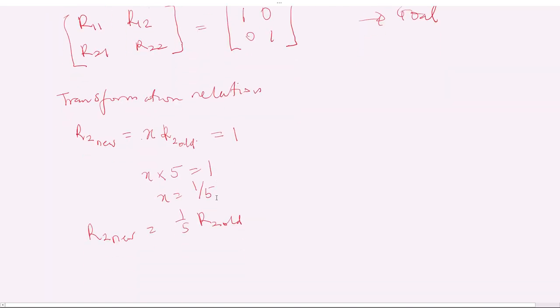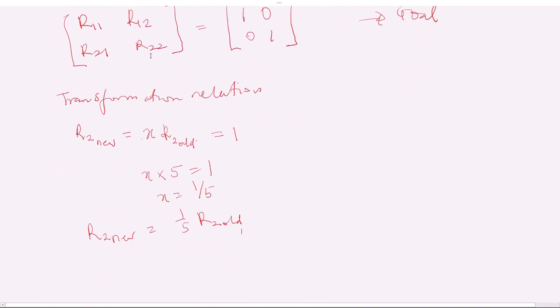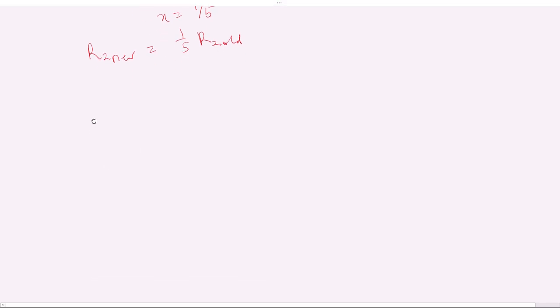If this is the transformation relation that we have, we need to use that transformation on this entire row. If you do that on this row, we're going to have a new set of values.